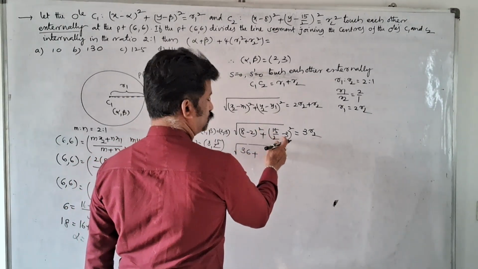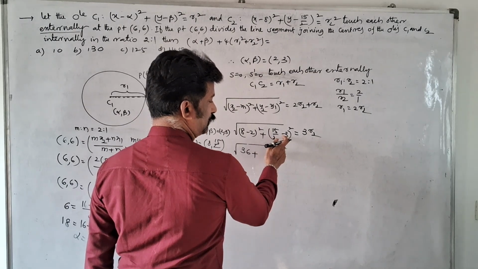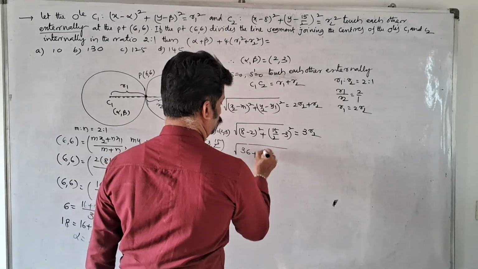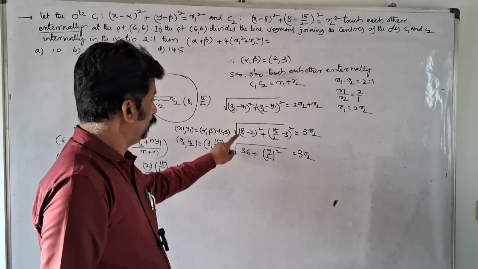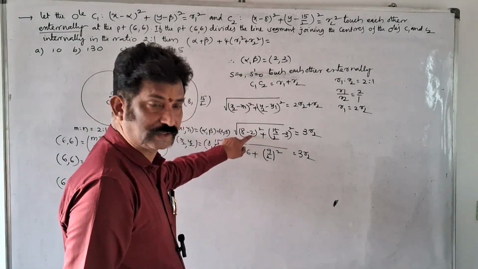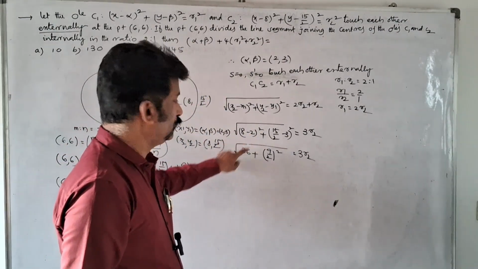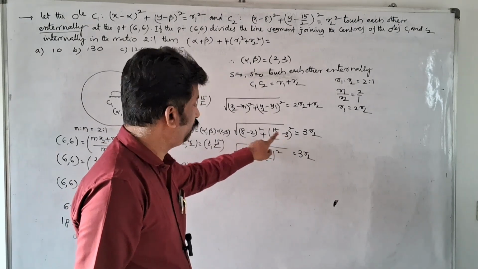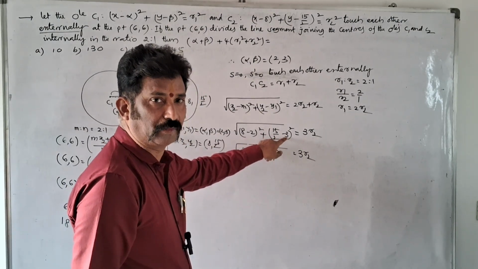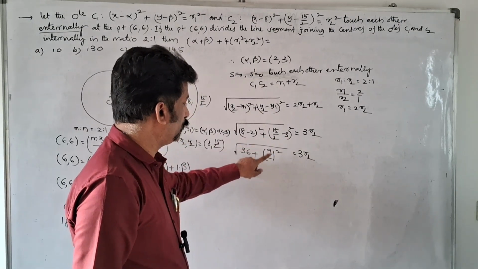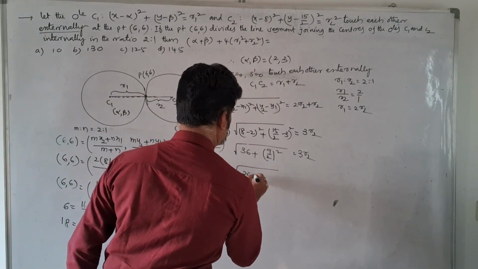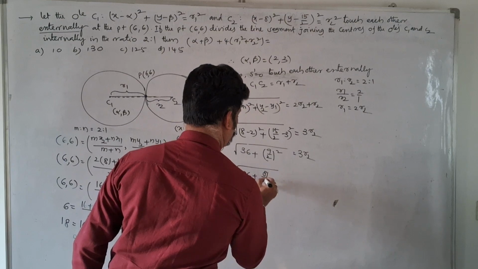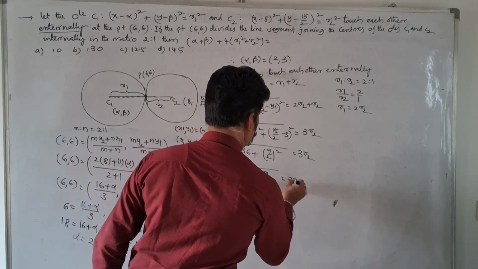Now plus, LCM is equal to 2, 15 minus 6 is 9, so (9 by 2) whole square. Understood? So this implies root over 36 plus 81 by 4 is equal to 3R.